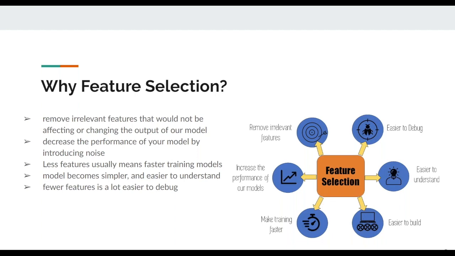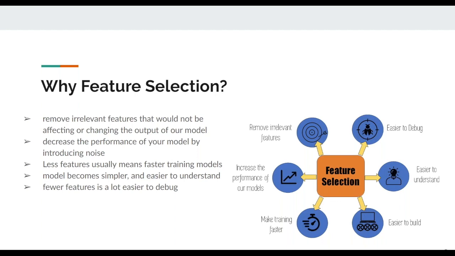I will try to go through them in the next few slides. First of all, the key point is to actually remove features that are not relevant, not important, not useful. By doing that, you essentially increase the performance of the model, you increase the accuracy, you increase how well the metrics that we saw earlier actually work.